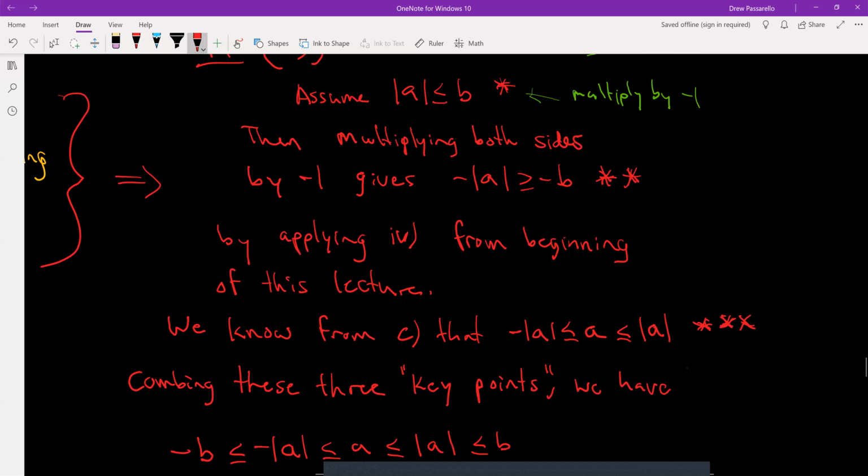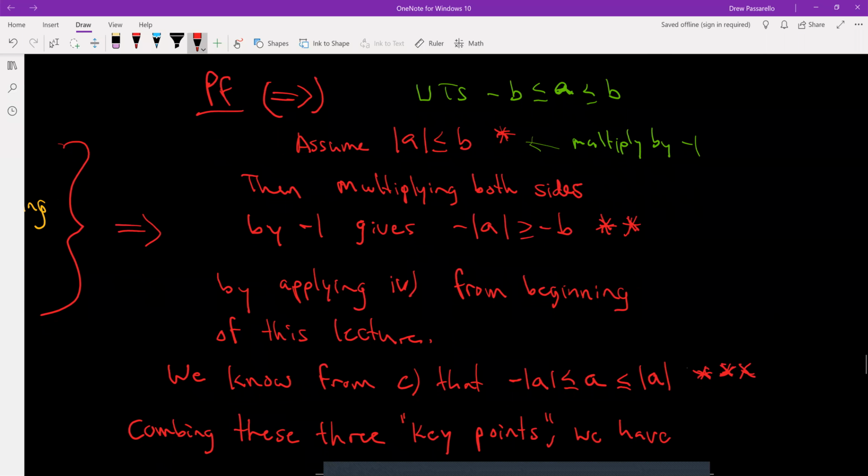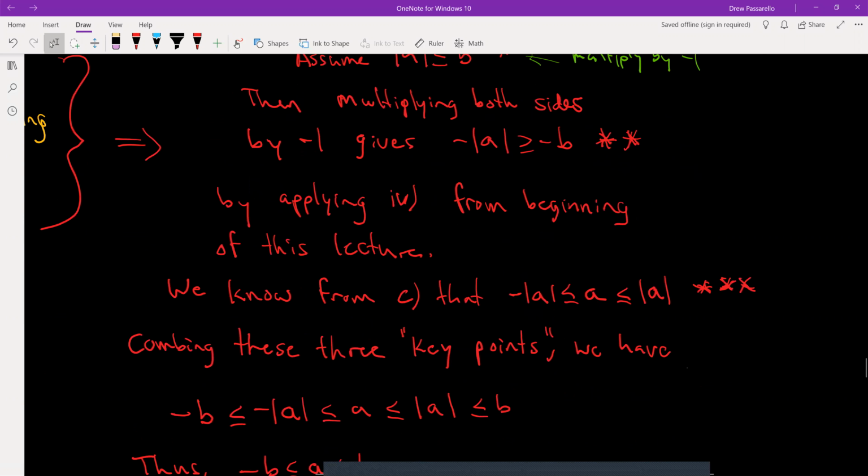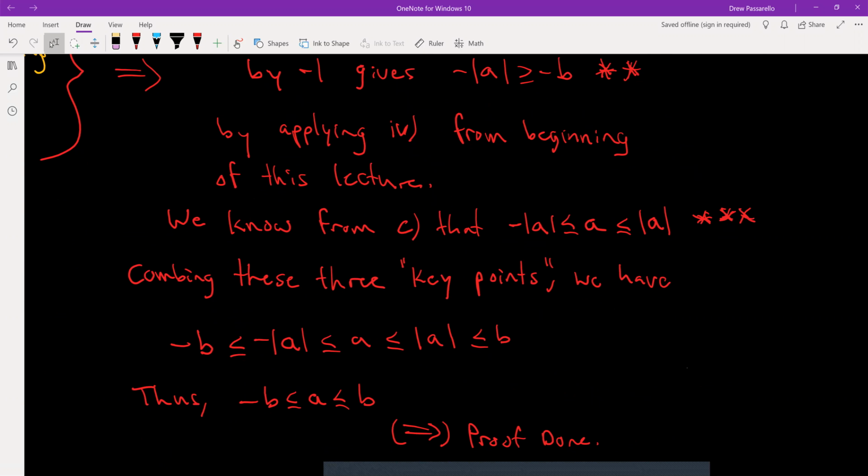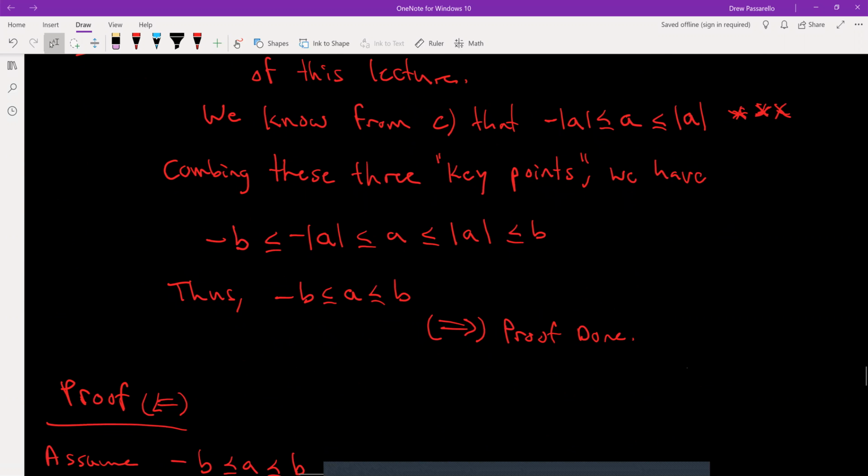So we're going to combine these three key points. The first key point was the absolute value of A less than or equal to B. The second key point is that the negative absolute value of A is greater than or equal to negative B. And the third key point is that negative absolute value of A is less than or equal to A, which is less than or equal to the absolute value of A. And we can string together the following inequality.